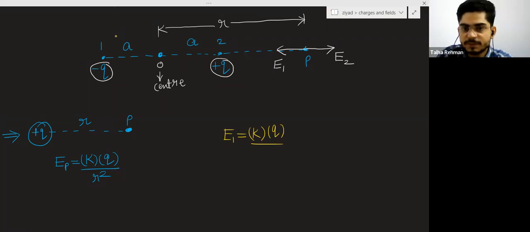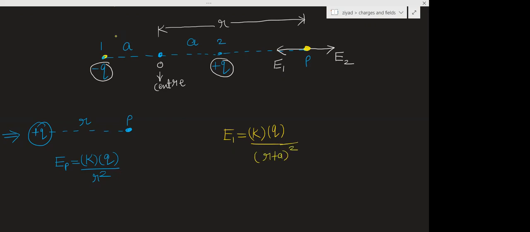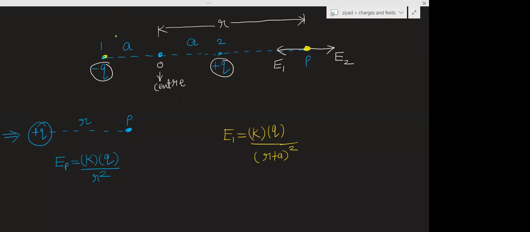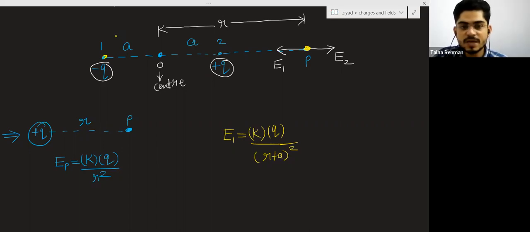So the distance between this point P and this point 1 will be R plus A. You can just focus on this diagram, then only you will know how these distances are. Suppose this is the point P and this distance is R, you will add this distance.